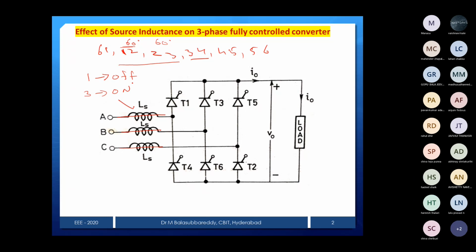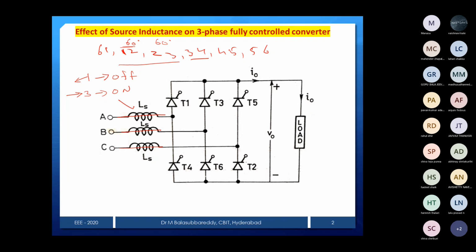This is the sequence. At that instant we assumed that the source does not have any impedance or inductance. Immediately after 60 degrees, 1 is turned off completely and 3 is turned on completely. That is what we discussed so far.